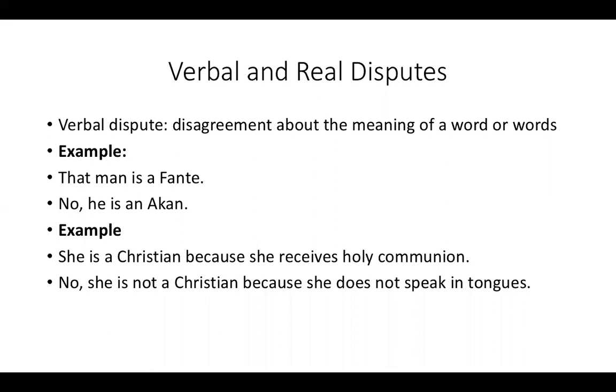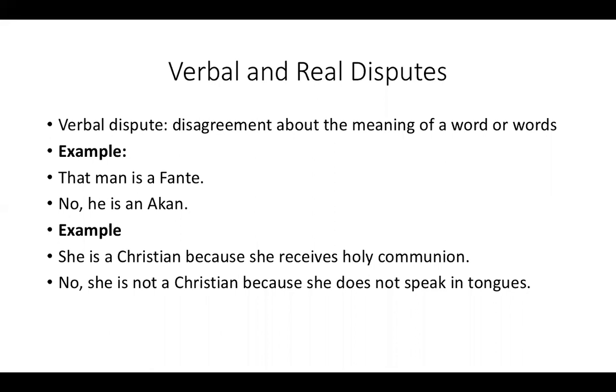When someone in a debate does not understand the accurate meaning of a word, and the person's disagreement arises from that lack of understanding, then you say that it is a verbal disagreement.